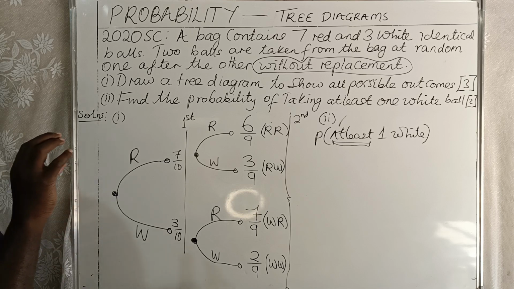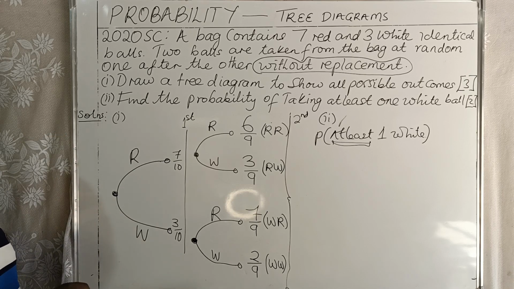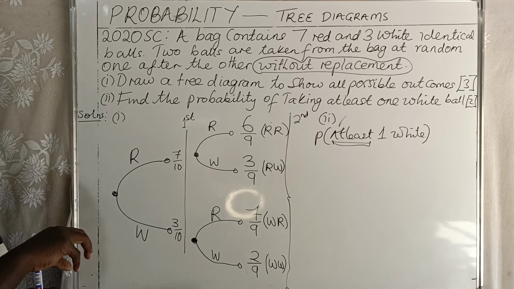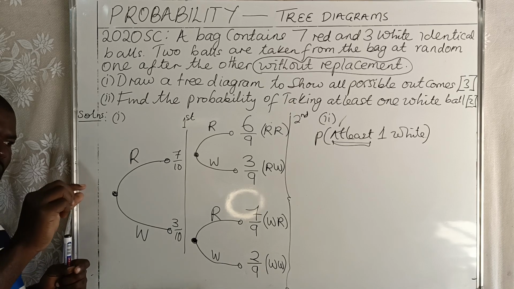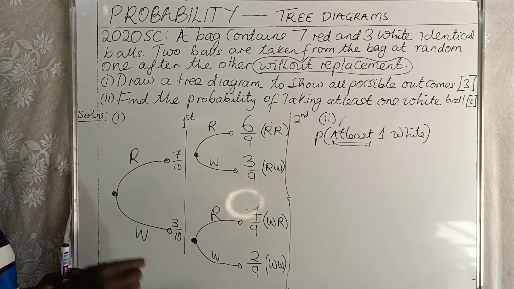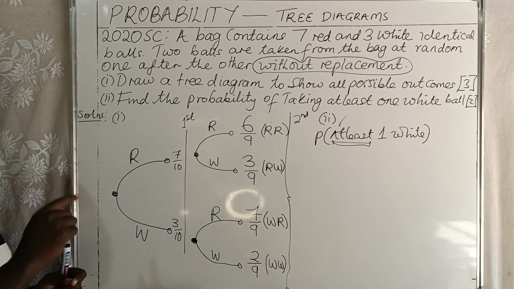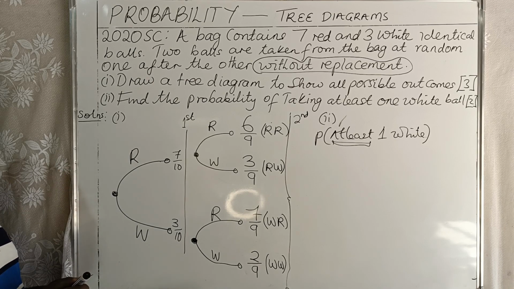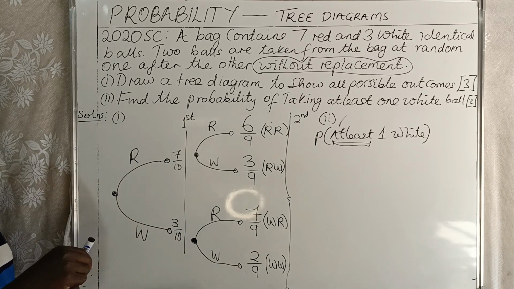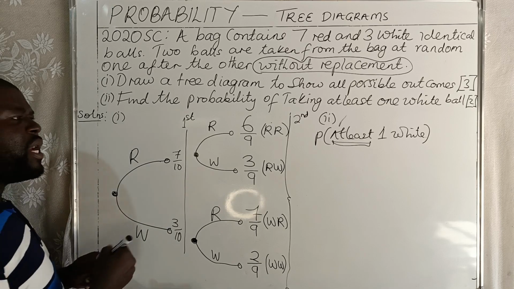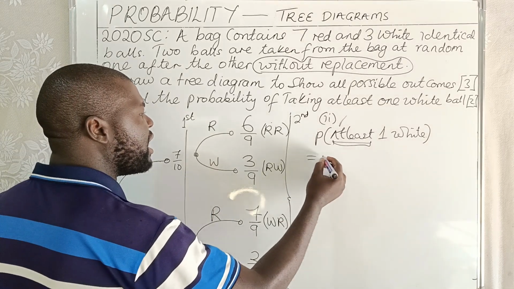So, when we come across at least, what it means is what is there and more. That's what at least means. So when we say at least white, what we are communicating is that wherever we have one white or more, that's what at least means. It means one white or more.